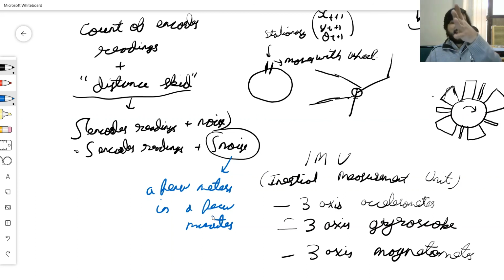So I accurately know my position only for the first 5 to 7 minutes of the run. After that, it's worse than my indoor GPS using Wi-Fi signals. So for the first few minutes, it's extremely reliable. After that, it's useless.